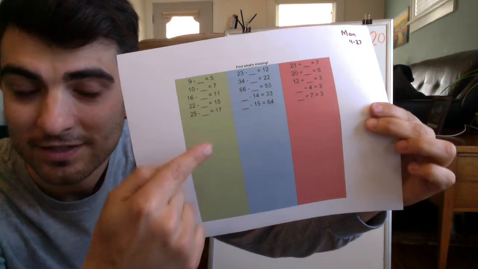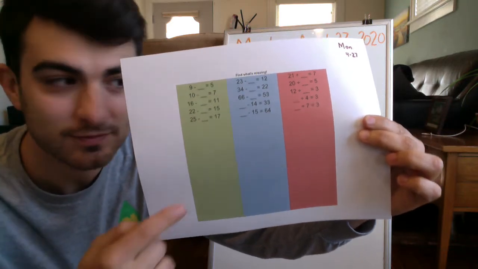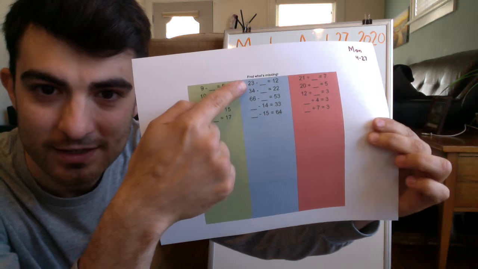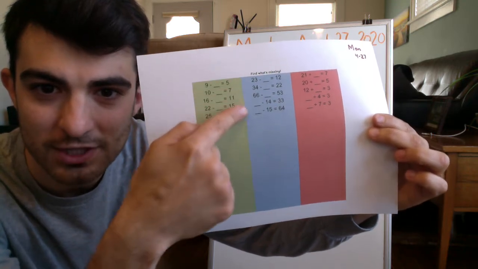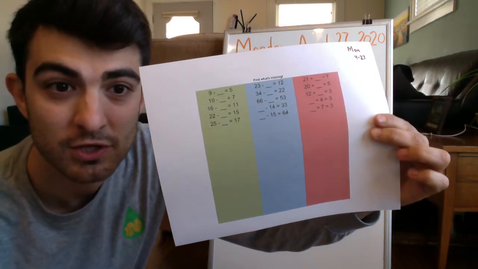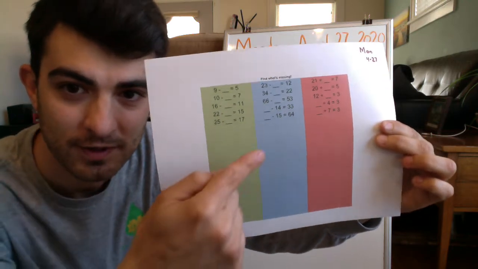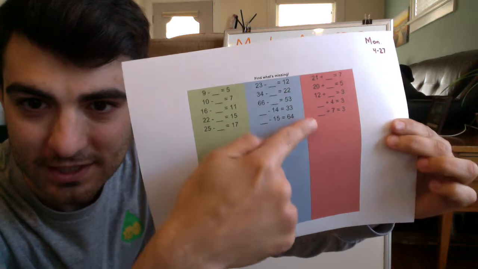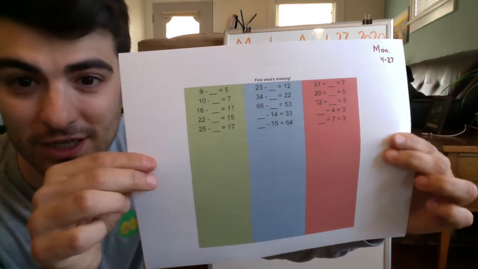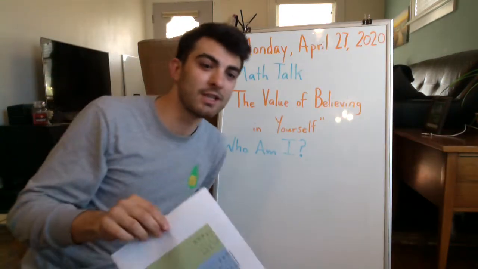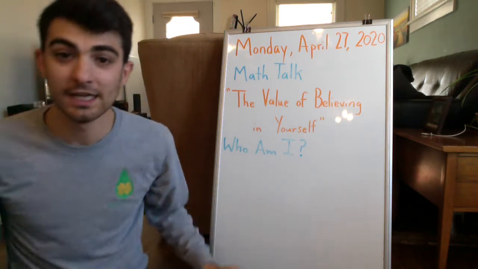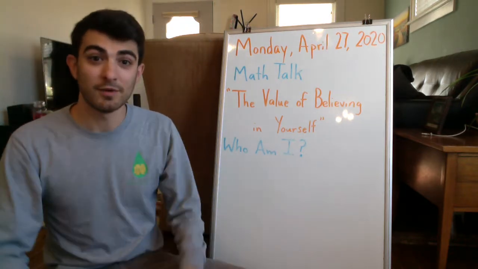Our level 2, or our tens, has some more subtraction equations with either the subtrahend or the minuend missing. And then finally, our level 3 hundreds has some division equations. So, good luck. A great way to start your morning is by practicing some of your math.